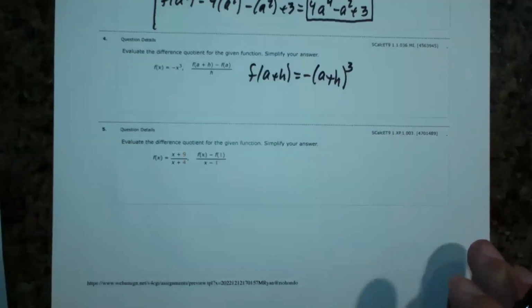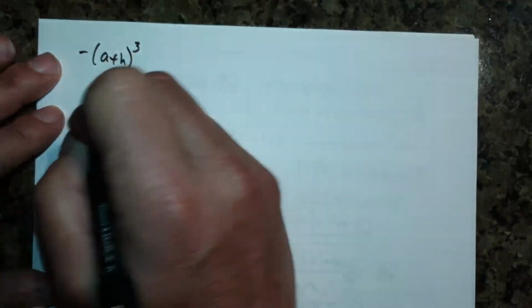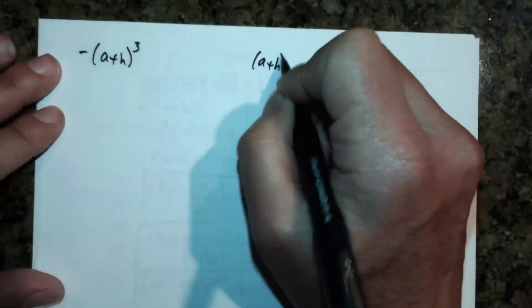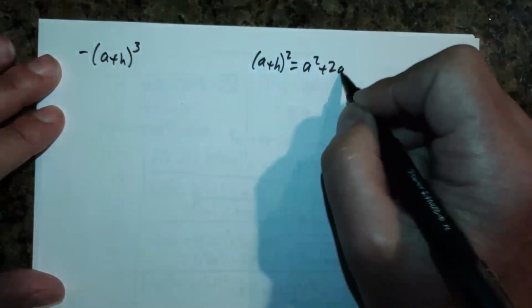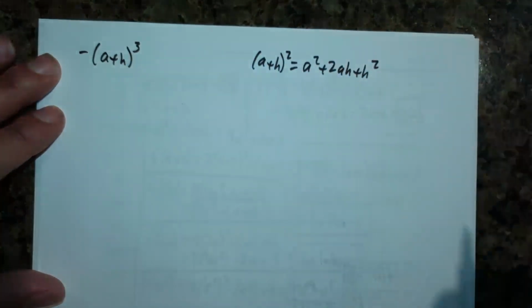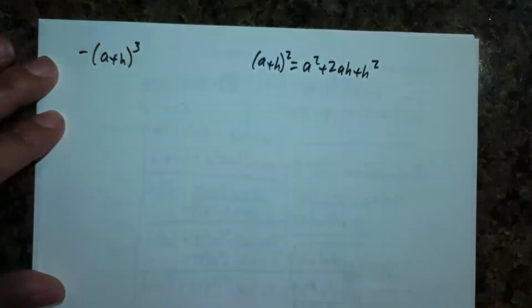So I'm going to use my scratch paper to multiply that out. So this is what we're doing. I'm going to start with a plus h squared and now I'm going to multiply that times another a plus h, and then at the end, I'm going to distribute the negative.